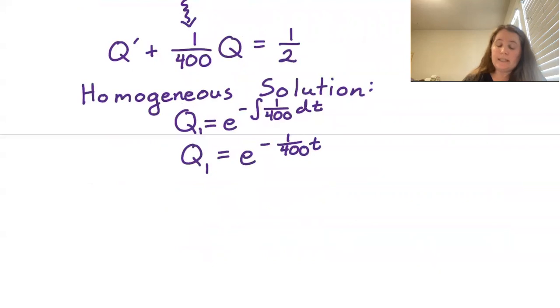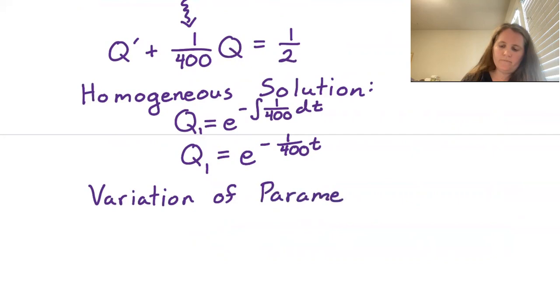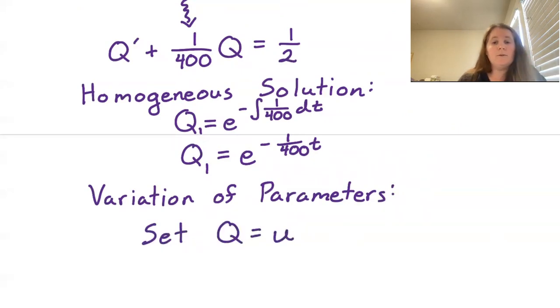From here, we do our variation of parameters. We set Q to be some function u of t times Q1.